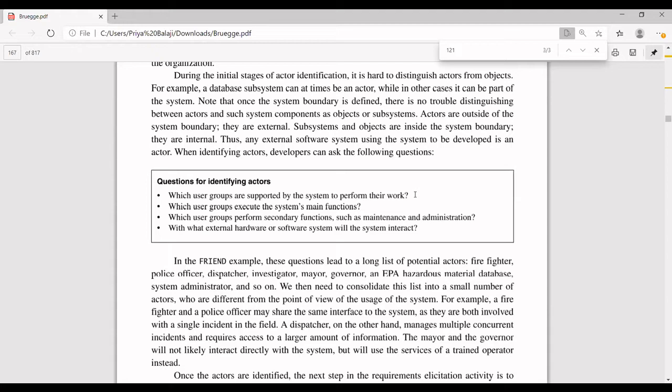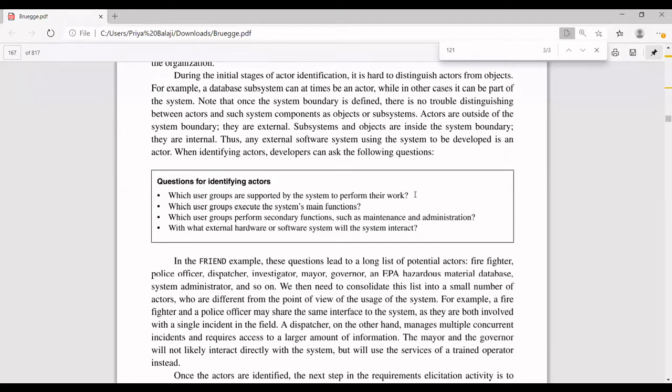For example, if I want to store something into the database, my database will sometimes act as an object. But when you are trying to retrieve something from the database, or the database will be sending some acknowledgement information back to that device, then at that time your database may act as an actor also. So sometimes it will act as an object, and sometimes it will act as an actor.